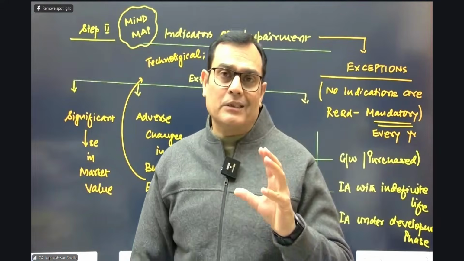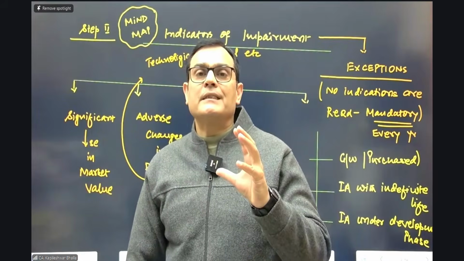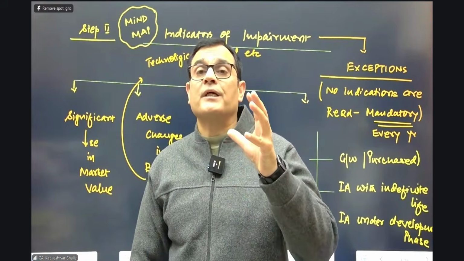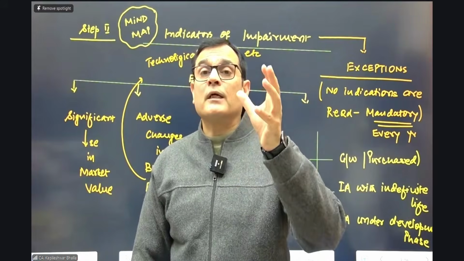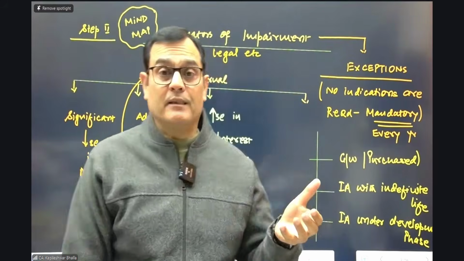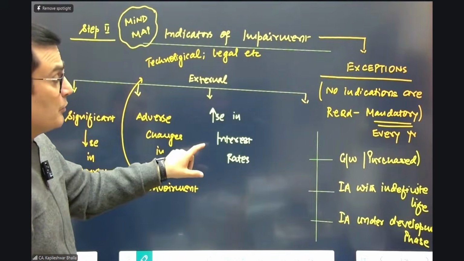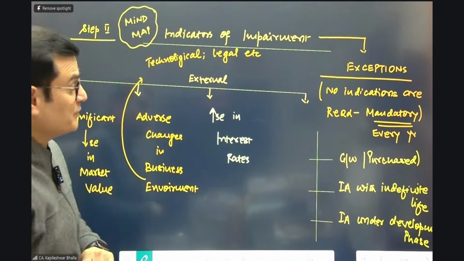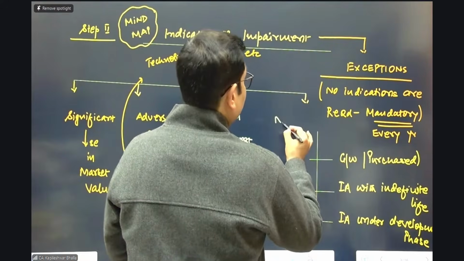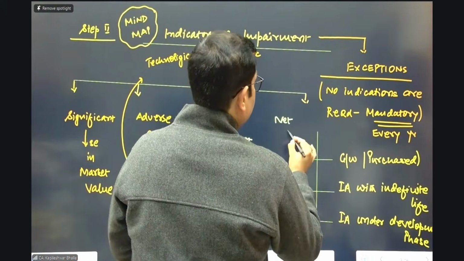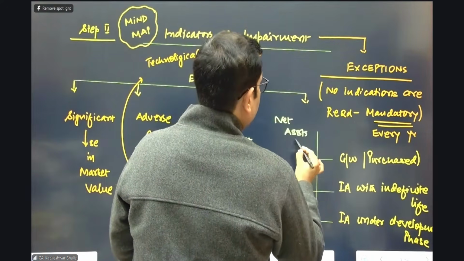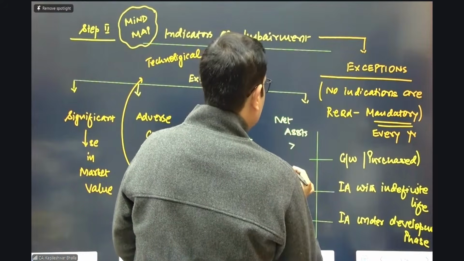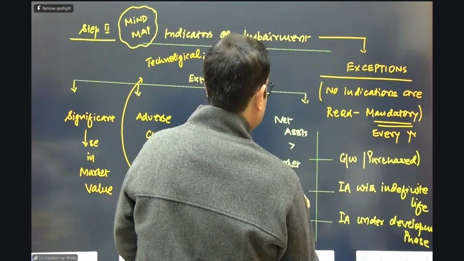So when there is an increase in interest rate, the discount rate goes up, and when the discount rate goes up, the present value automatically comes down. So increasing interest rates could be another indicator. And there is another 4th clause as well. The net assets of the company are greater as compared to market capitalization.